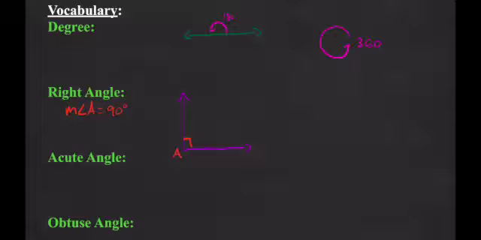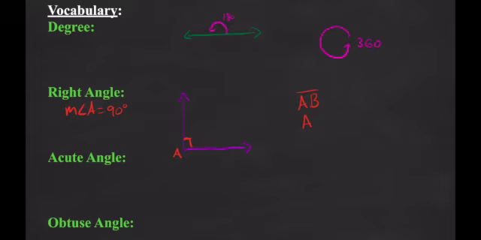By the way, when we're talking about the angles in general, we don't have to put the little m in front. Whenever we're talking about a specific degree, a specific measurement of the angle, we use the m to notate that. Just like with the line segments, whenever we were talking about them in general, if we talk about a line segment in general, we put the symbol over top.